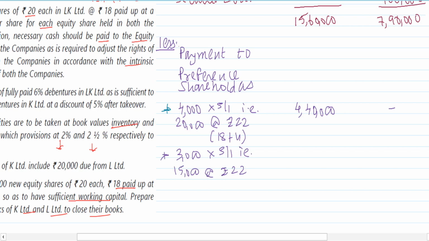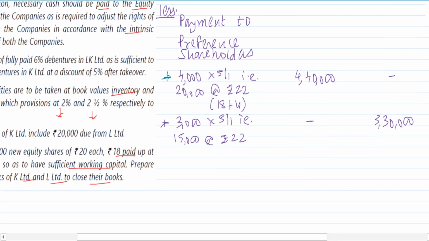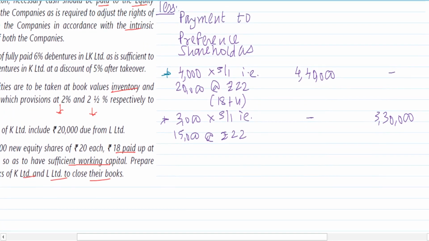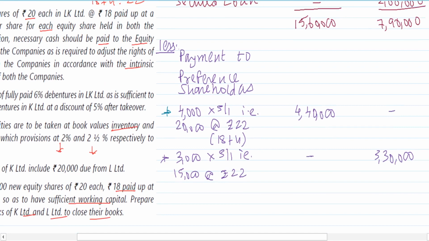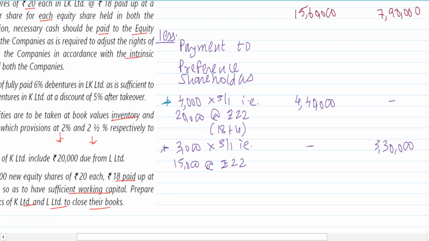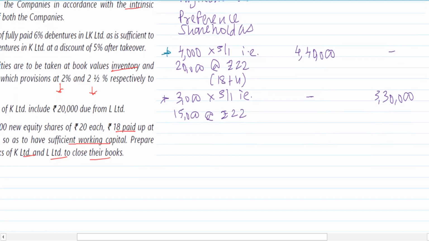So 15,000 at 22, that is giving me 3,30,000. So this is how I settle the preference shareholders. So the total money due to the shareholders is 15 lakh 60. Out of that 4 lakh 40 I give by way of preference shares. 7 lakh 90 is there for the other company. I give 3 lakh 30,000 to the preference shareholders.